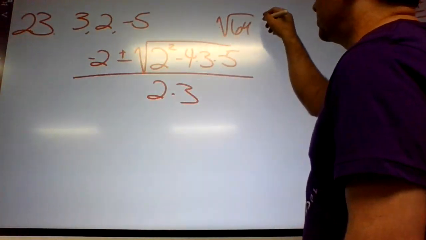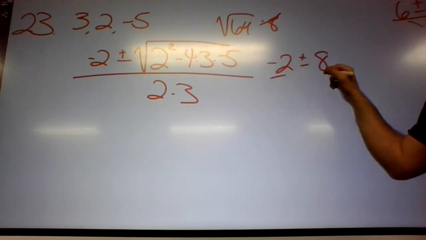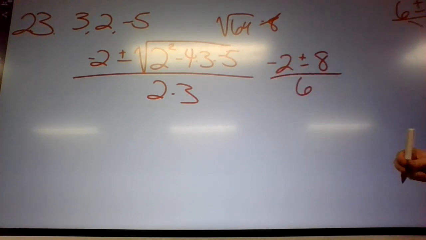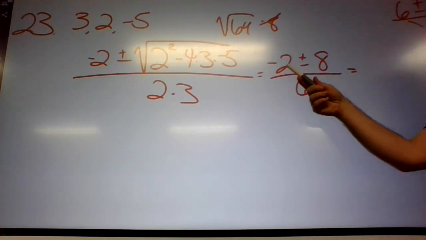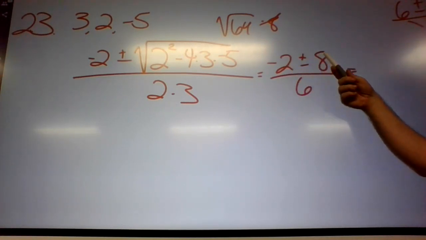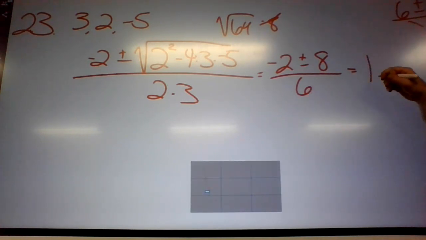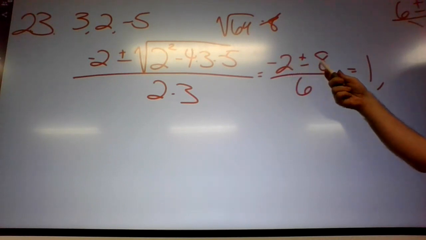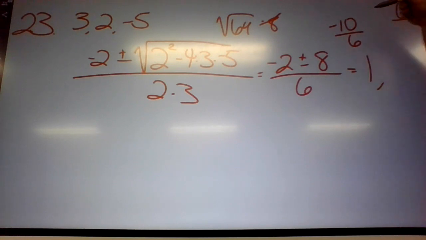Square root of 64 is 8. Since the square root worked out nicely, that means we can actually solve this. Negative 2 plus 8 is 6, divided by 6 is 1, and negative 2 minus 8 is negative 10 divided by 6, which reduces to negative 5/3.